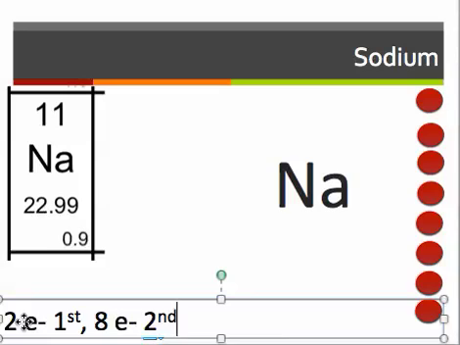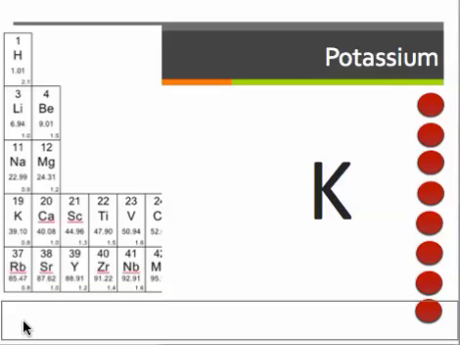Okay, we've gone through 3 fairly straightforward Lewis dot structures. Now let's tackle an element that is a little bit more complicated, and that element is potassium.